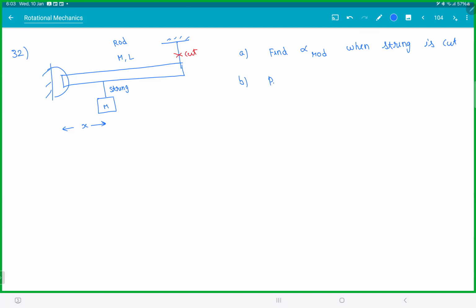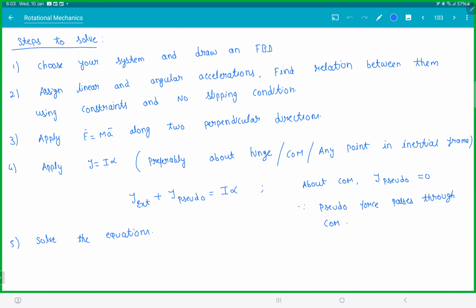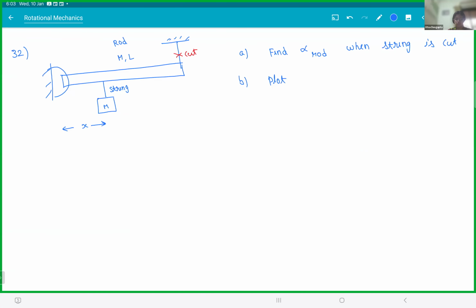Second one, plot alpha versus x graph. That would be fun.